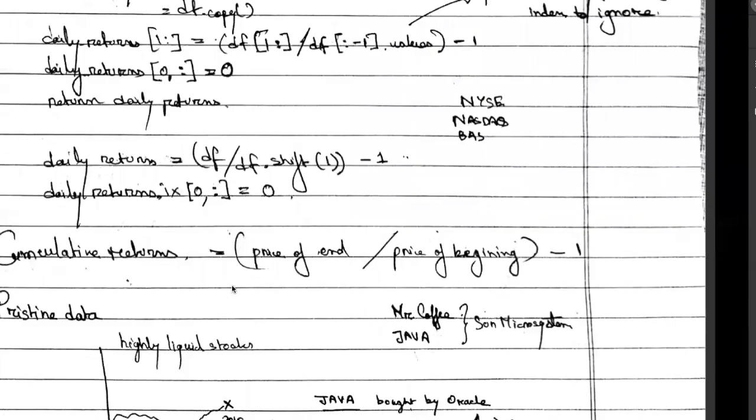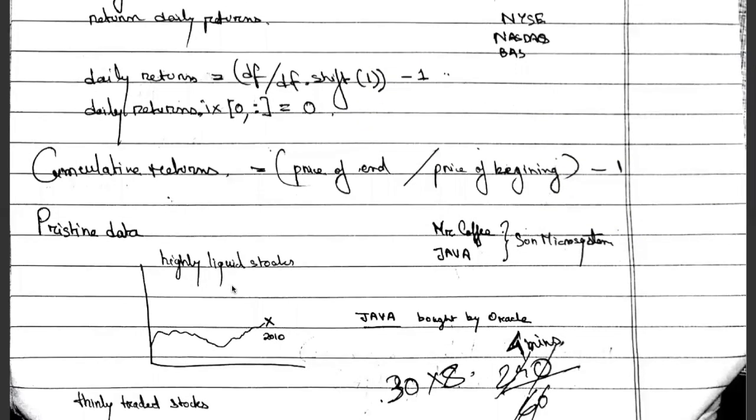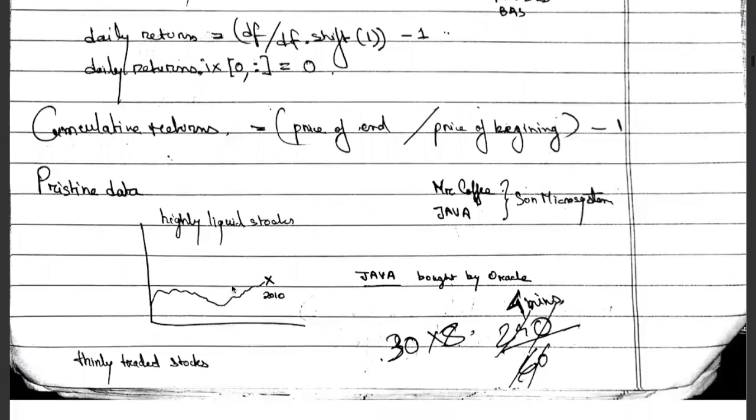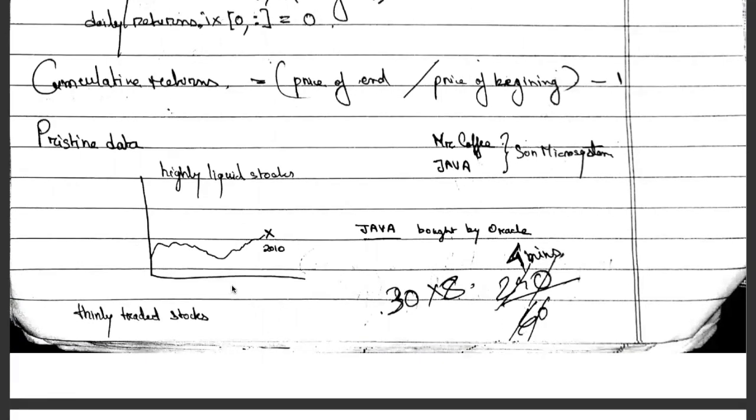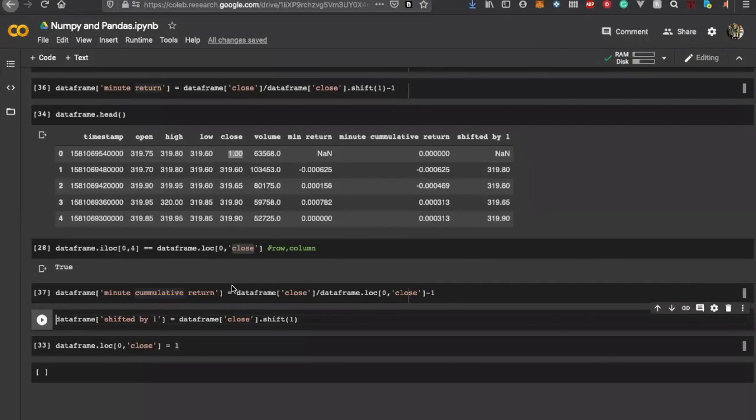And that's the meaning of cumulative return. Basically, I have given you an idea how to do iloc, loc, and some shifting.